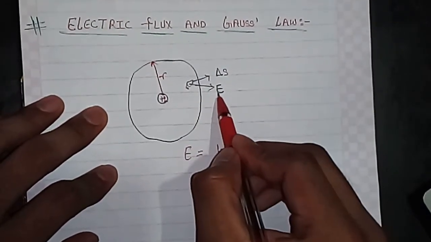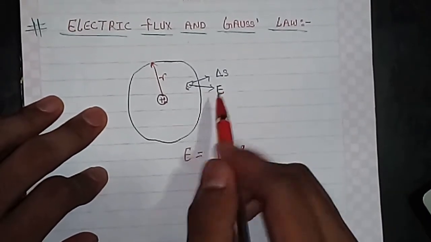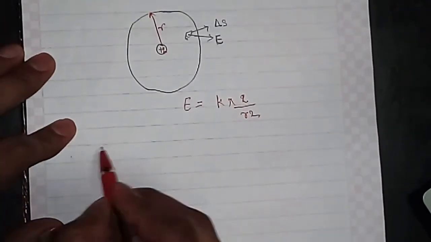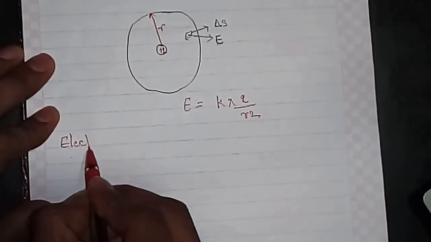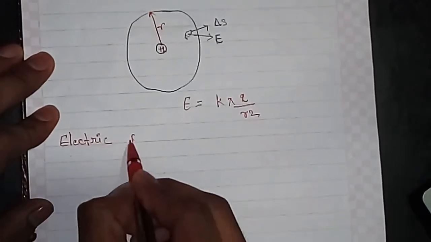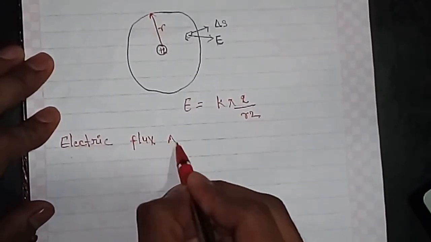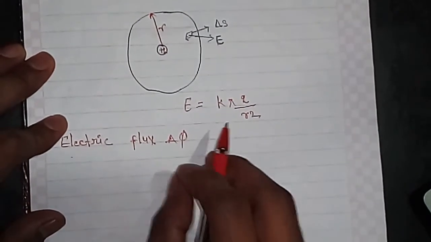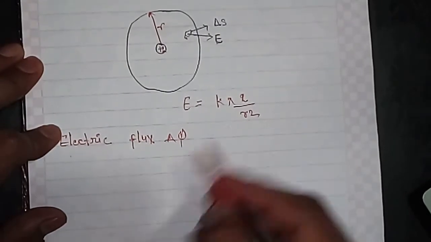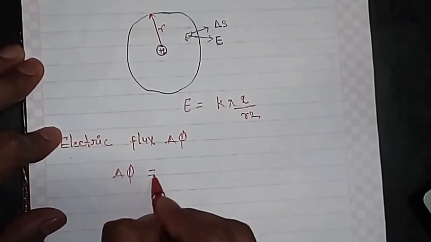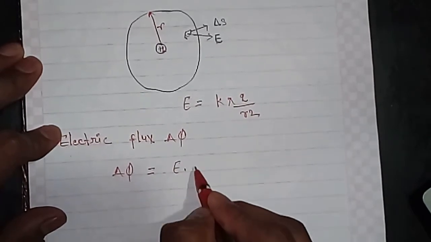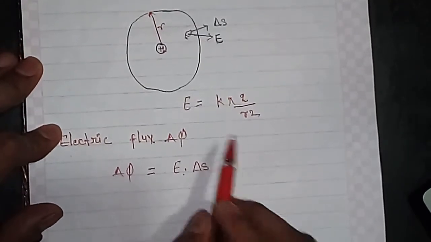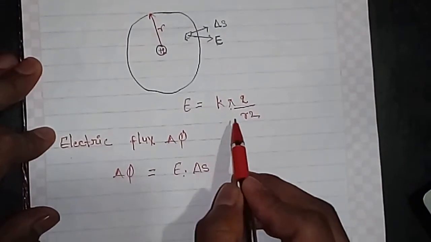The electric flux, del phi, is defined as the scalar product of E and del S, so del phi is equal to E dot del S. The dot represents scalar multiplication and the cross represents vector multiplication.